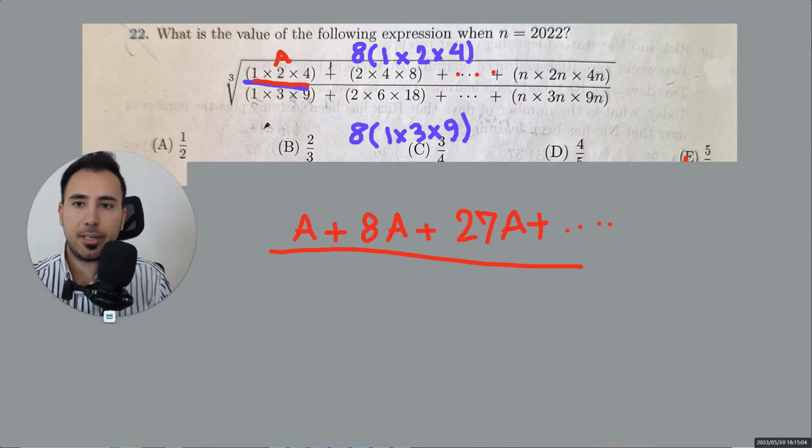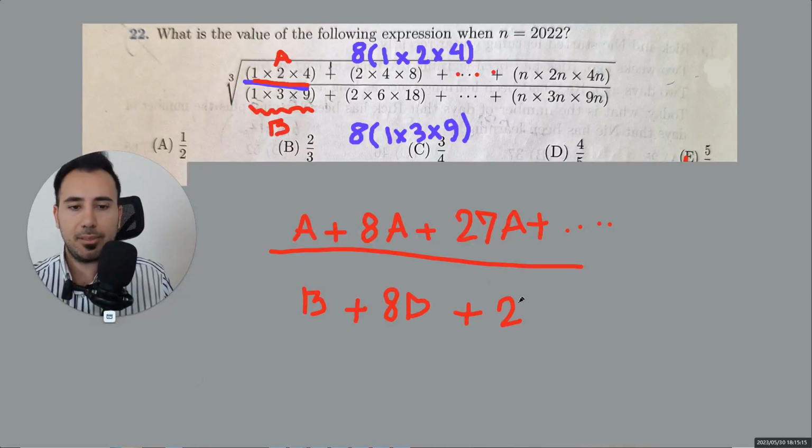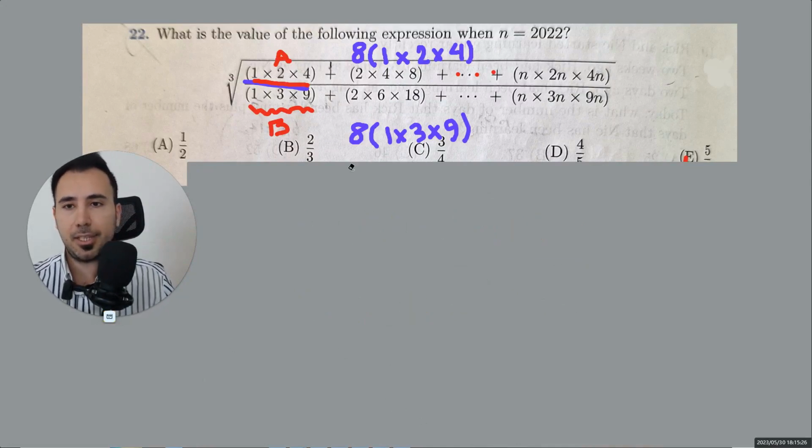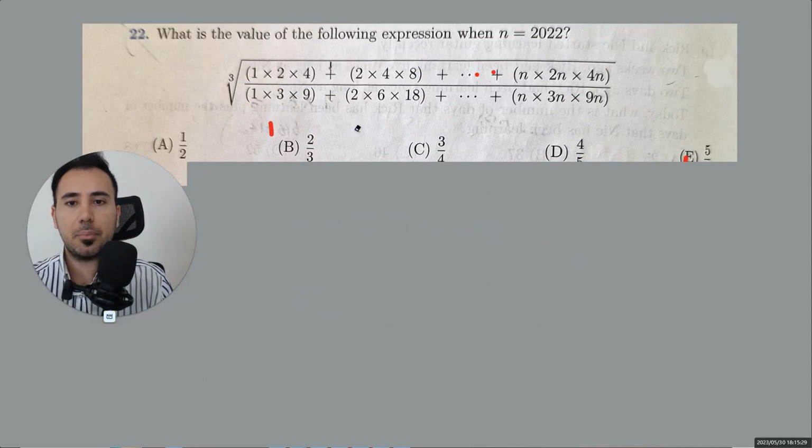The same thing, if I call this one 1 times 3 times B, it's going to be 1B plus 8B plus 27B. And you could see that, after factorization, all of them will be simplified. So the ratio does not change. So this number, 2022, is just for the looks. It doesn't matter. 2, 3 million, infinity. The answer wouldn't change. All of it would be 8 over 27.